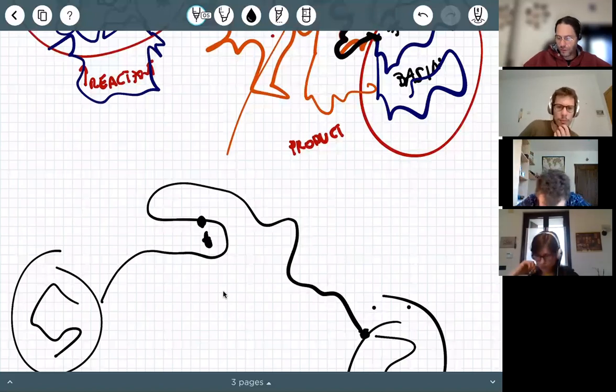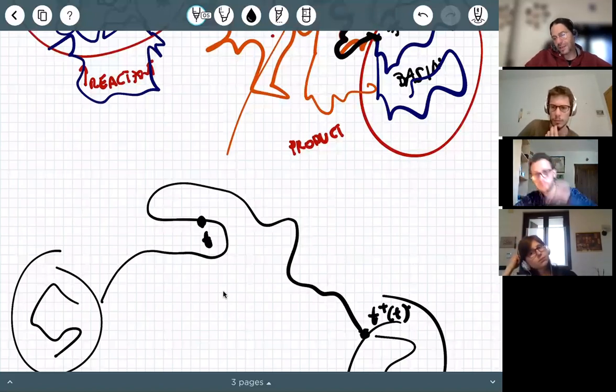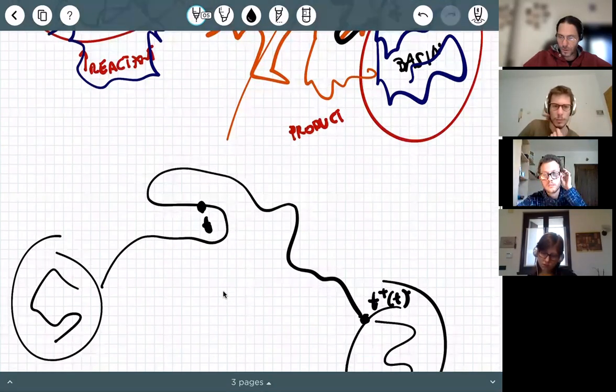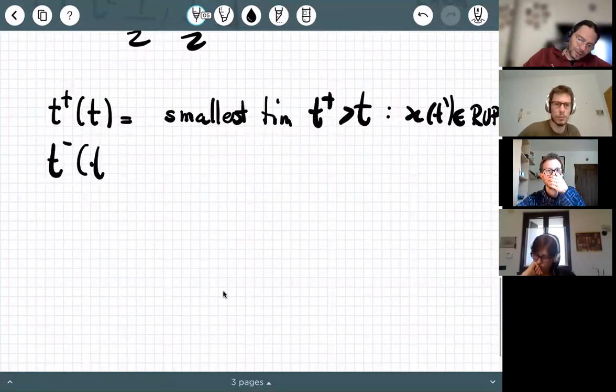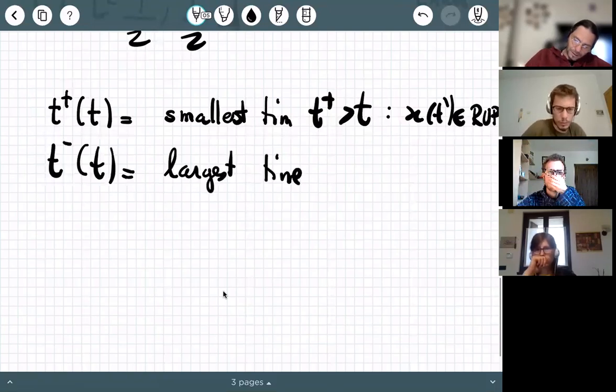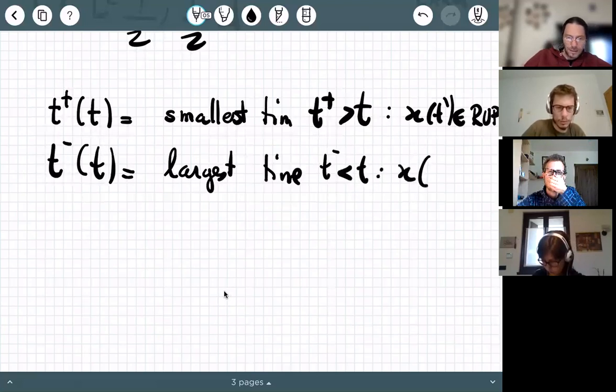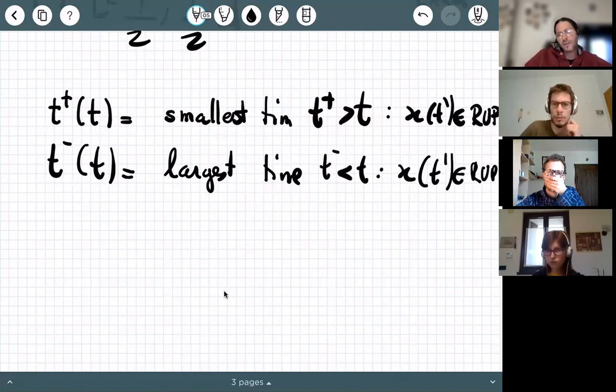T plus is the first time after t that I reach the product surface. T minus of t is the largest time such that x of t prime again belongs to R united with P. So it's the last time I was either in the reactant or in the product.